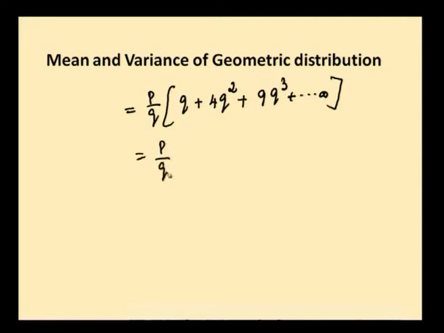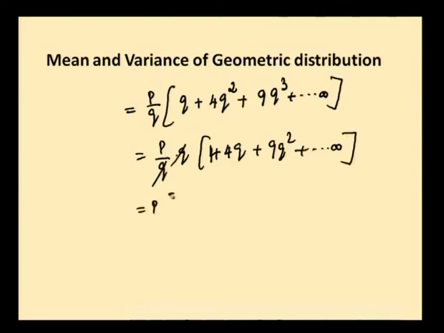And p by q into q comes outside, 1 plus 4 q plus 9 q square plus etc. up to infinity. Q gets cancelled, p into this particular expansion is denoted using the formula 2 into 1 minus q whole power minus 3 minus 1 minus q whole power minus 2. Okay. We shall see how this has come.